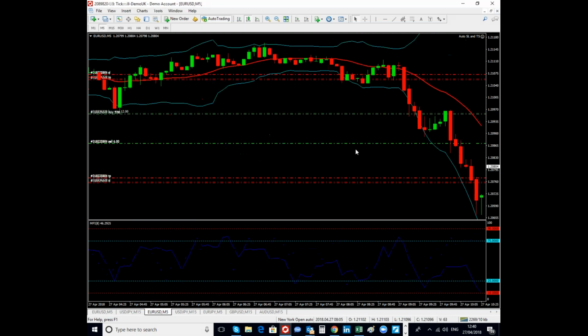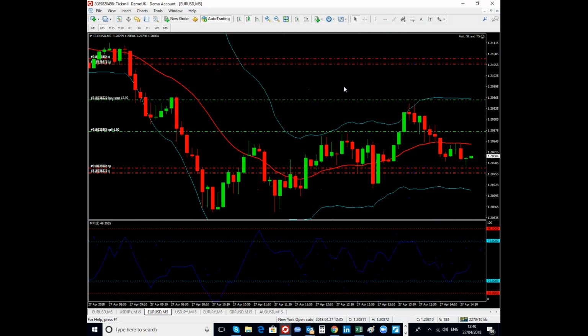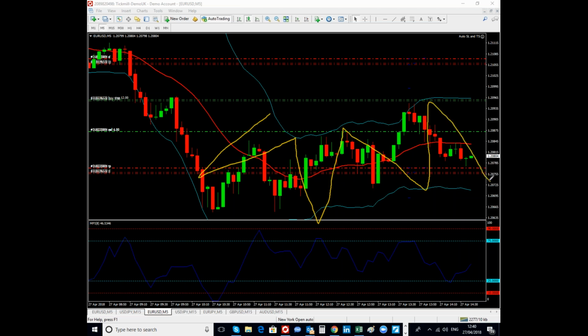Alright, so the 20 moving average, or even the 200 or the 100, they act as dynamic support and resistance. So you can trade off of them, but typically the price will bounce between them.